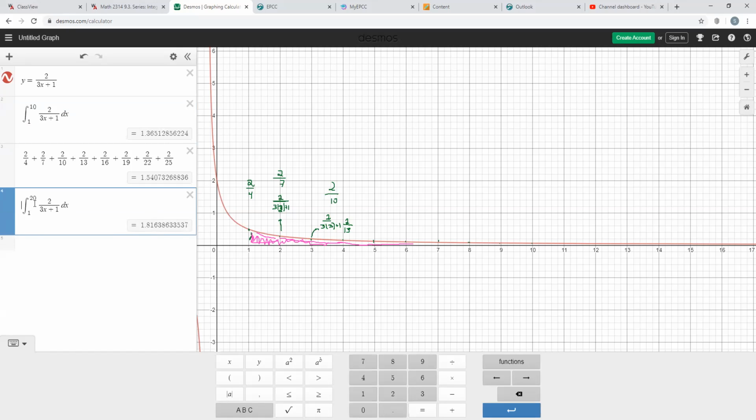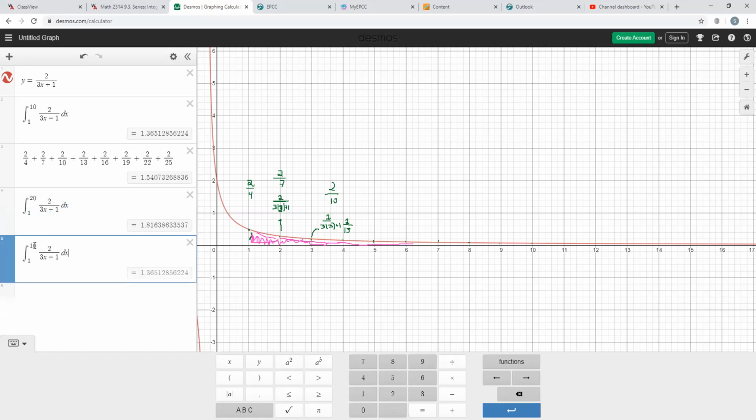Now the question is, we've only done 2 integrals. Do you think this is going to keep getting bigger and bigger forever, diverging to infinity, or is it going to converge, getting closer to 2 or something, or 3? I think it's going to diverge. You think it's going to diverge?